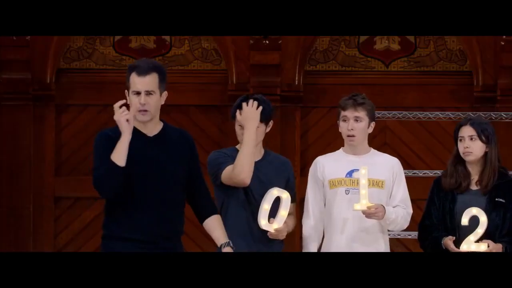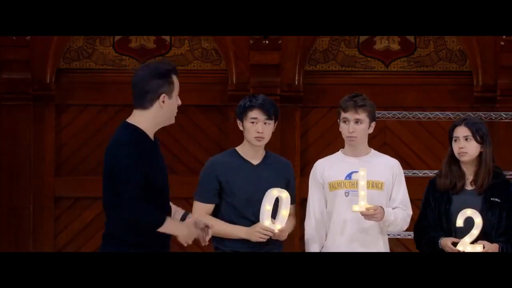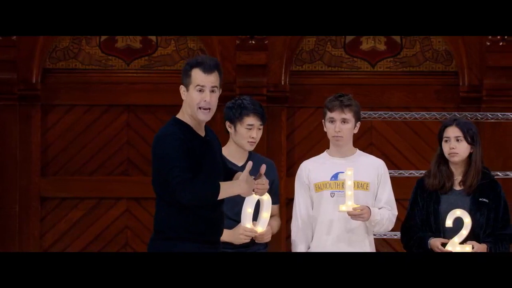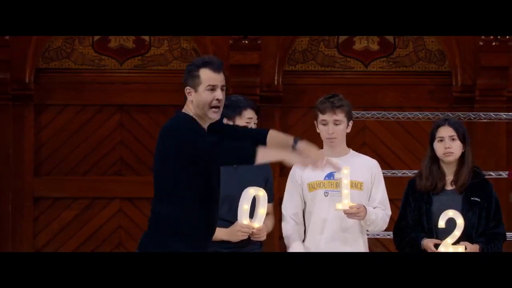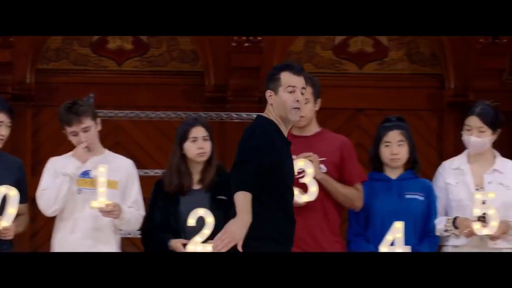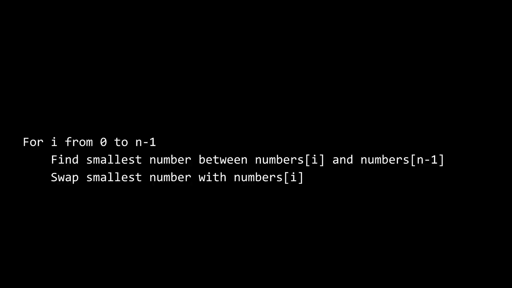And that's the very geeky way of expressing this optimization. I'm always starting from numbers bracket i, wherever I am, and then everything else to the right. And that's what was allowing me to ignore the already sorted volunteers. If, though, my last line says swap smallest number with numbers[i], I think that implements what our humans were doing by physically walking to another spot. All right, so that would be what we'll call selection sort.